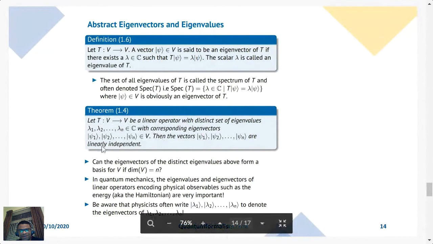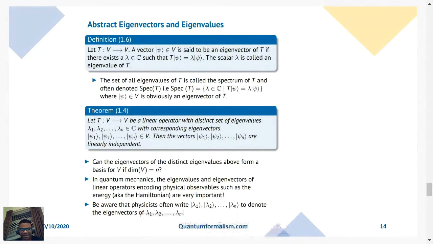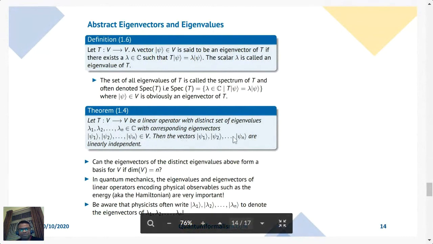Why make a fuss about this? That when you have these eigenvalues, in this case distinct, then their corresponding eigenvectors are linearly independent. Basis, exactly. That's right. Basis. So that means these are candidates to be bases, right? Because bases are linearly independent.